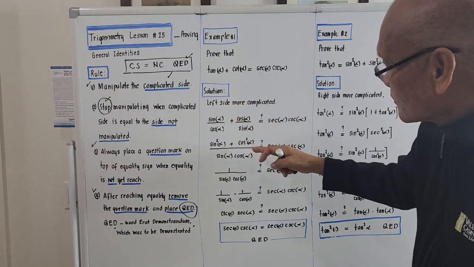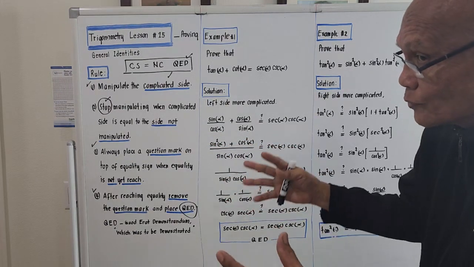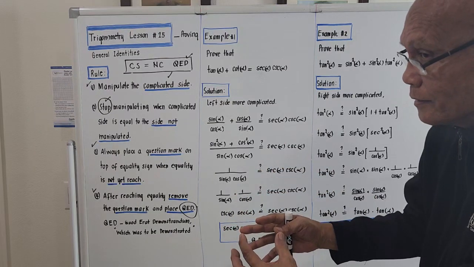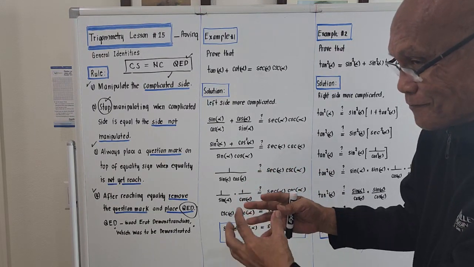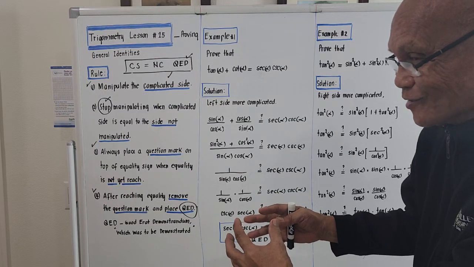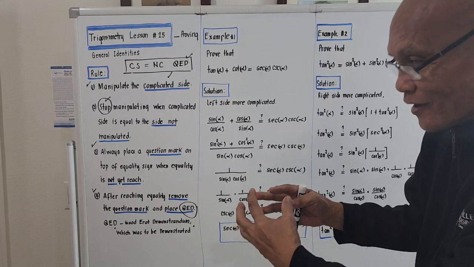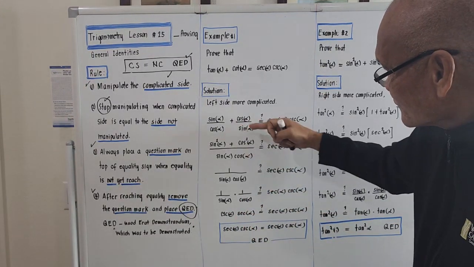The common denominator now will be, we're using the butterfly method. We are combining two fractions with different denominators, but our fractions are actually trigonometric functions, right? So there's a catch. It's not just plain algebra, it's a trigonometric function. So this will be sine square of alpha, cosine square of alpha.